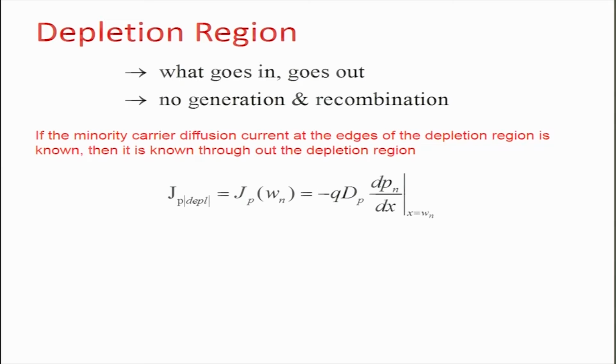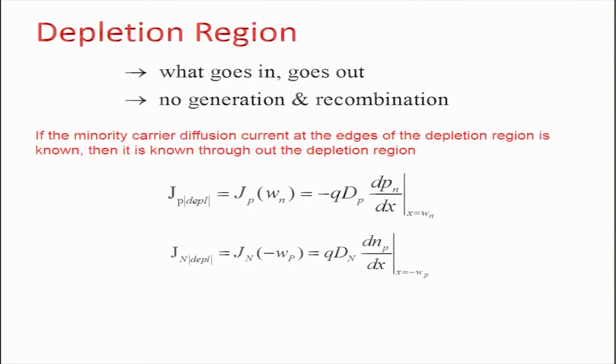Similarly, I can write Jn at the depletion region edge, that is Jn at minus Wp, equal to q Dn dnp/dx at x equal to minus Wp, right.